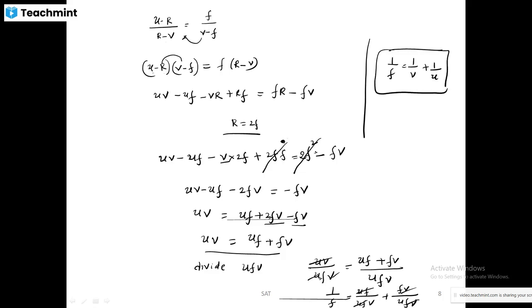We need to remember this formula, very important. Especially for the board examinations, the derivation is not important, the formula is very important. So 1 by F is equal to 1 by V plus 1 by U, where F is the focal length of the mirror, V is the image distance and U is the object distance.